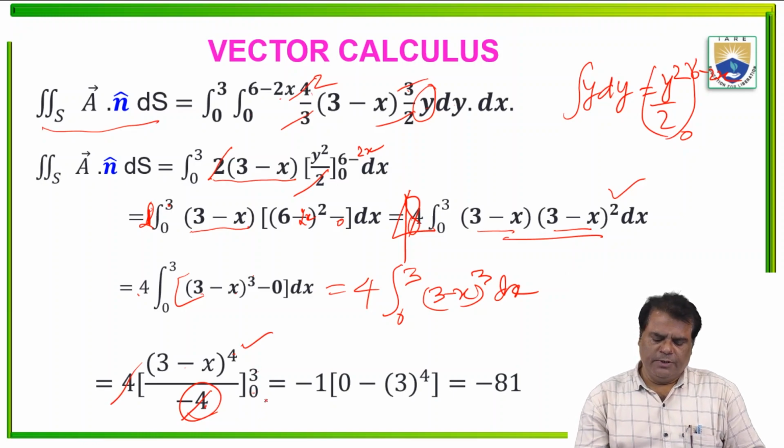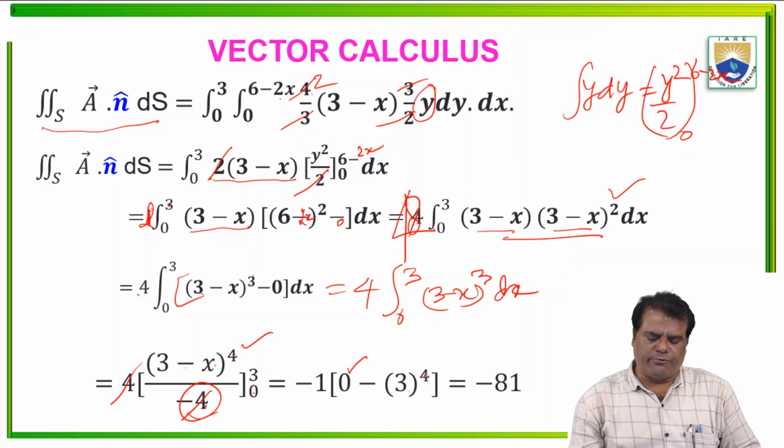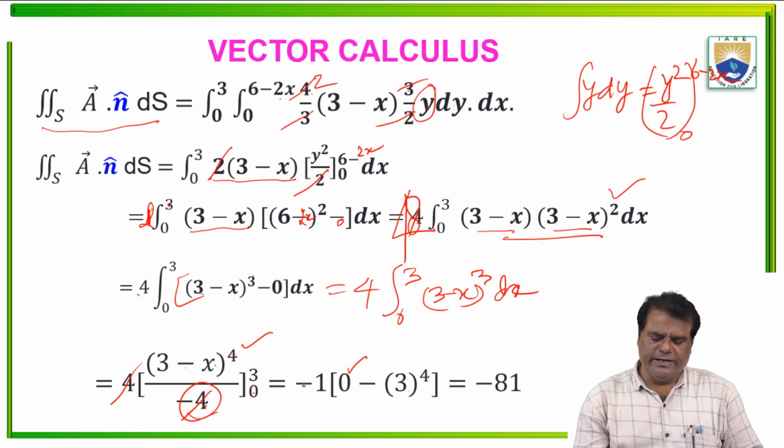First of all, putting upper limit x equal to 3, this result is 0. Lower limit 0, then 3 to the power 4. So here is minus sign and here is minus sign, minus 1. Here is minus 81. So total result is 81.